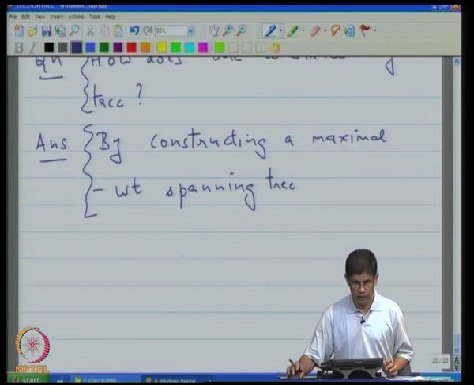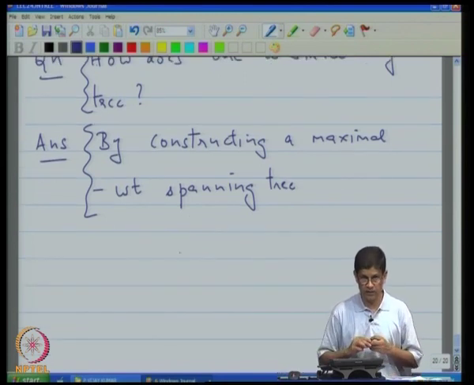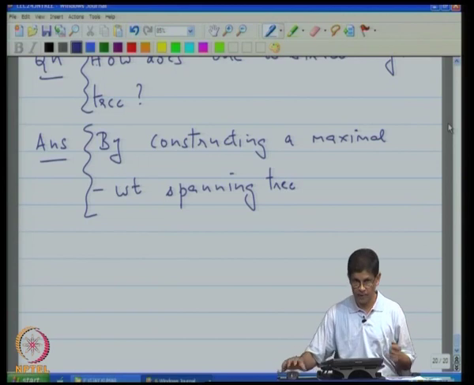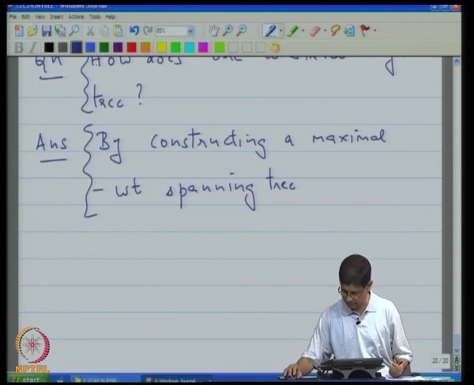In the literature, typically you will see references to algorithms for constructing minimal weight spanning trees, but it is not hard to see that you can adapt a construction for a minimal weight spanning tree into a construction for a maximal weight spanning tree.